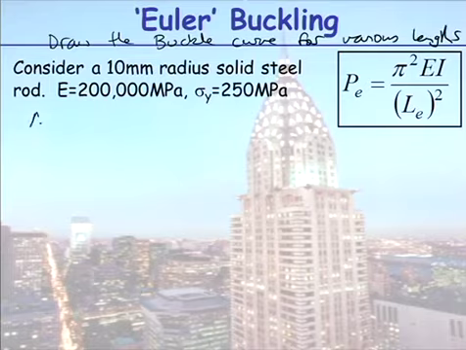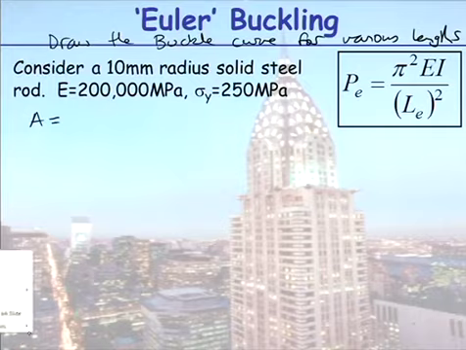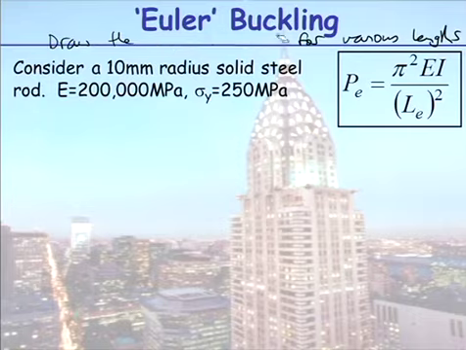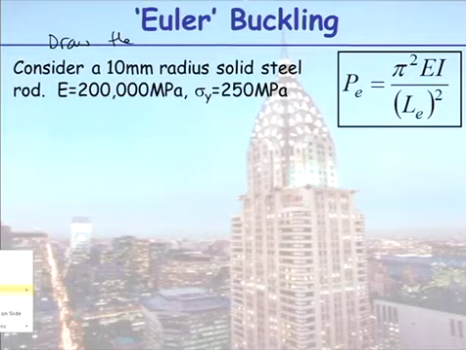So here, it's a 10 millimetre rod. I don't need the area. Oh no, I do need it, because we're drawing the buckle curve. I'm going to say, draw the failure envelope.